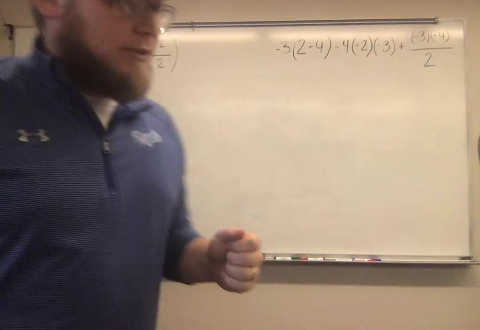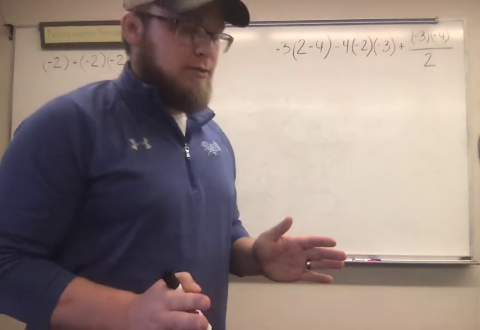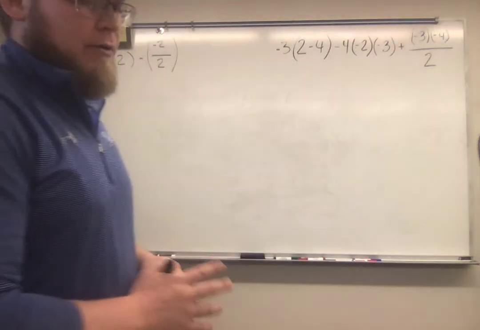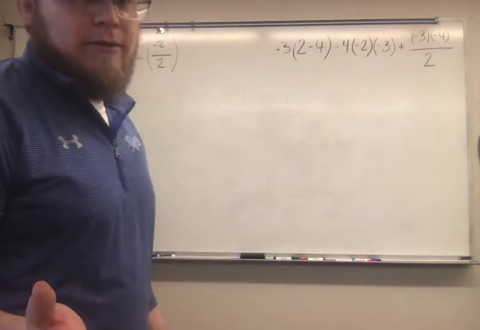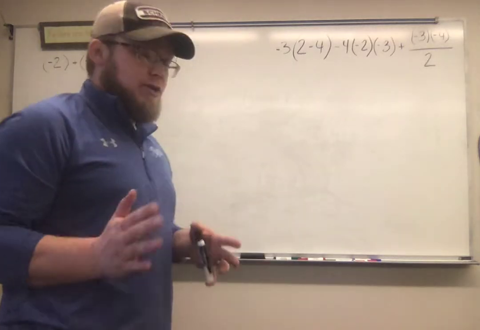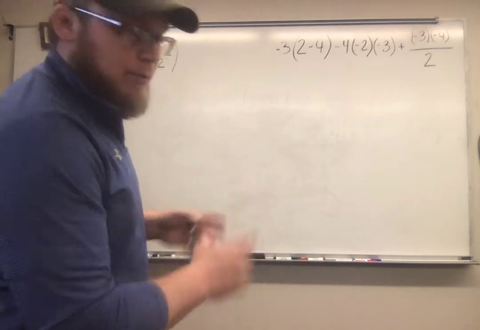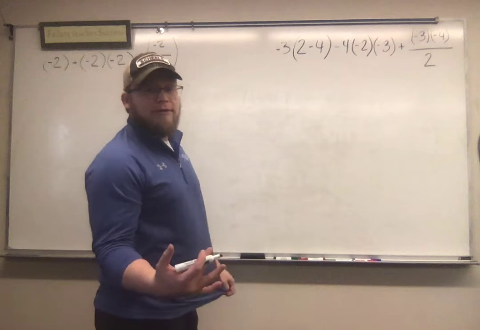The title of today's lesson is Order of Operations, which we've done. The only thing that we're adding new here is positive and negative numbers, which we have also done. So let's retouch a little bit on both of those things before we talk about the examples. Order of operations, I think we all know this.